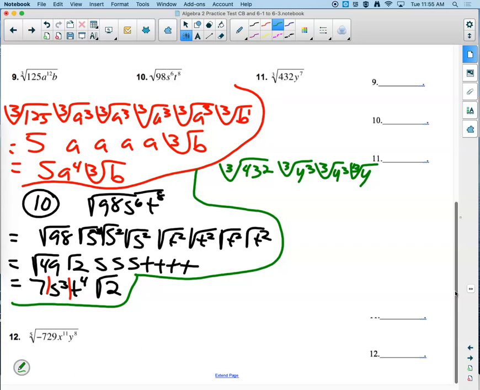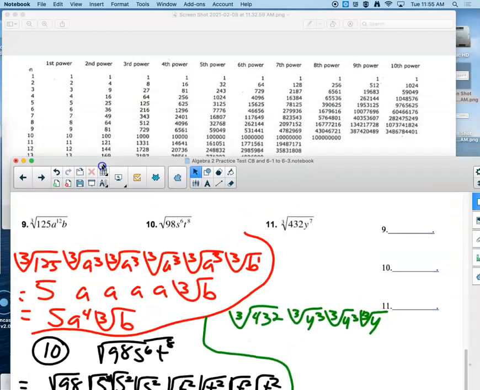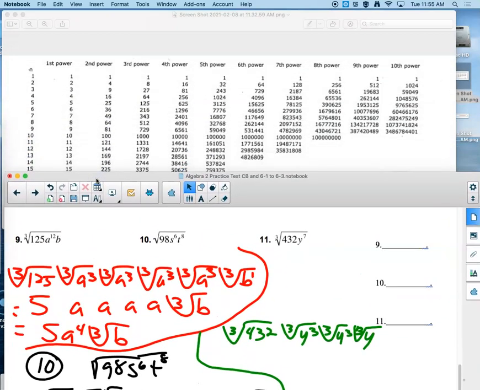Cubed root of y to the third, cubed root of y to the third, cubed root of y to the first. Cubed root of 432. On your power chart, 432 would be here. 343 is not going to go in. Wait a second. 216. How many times does that go in 432? Twice.